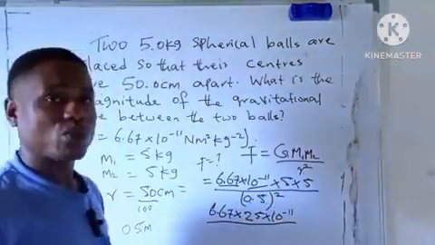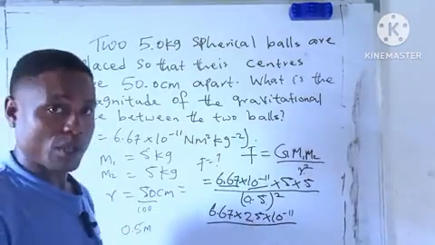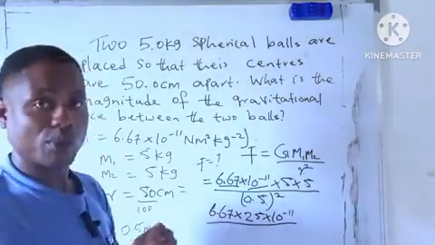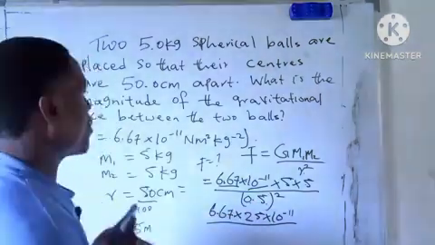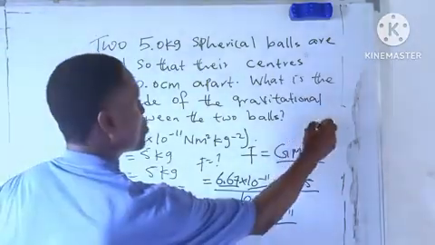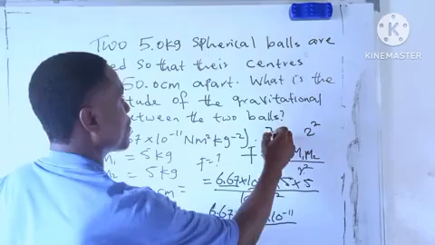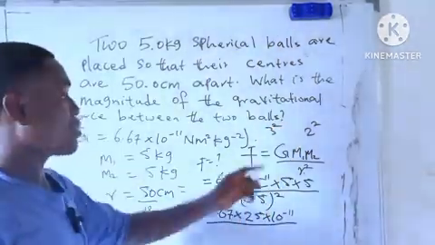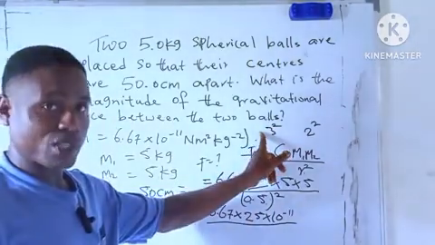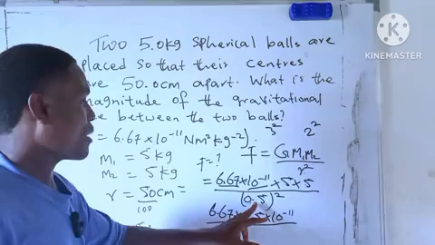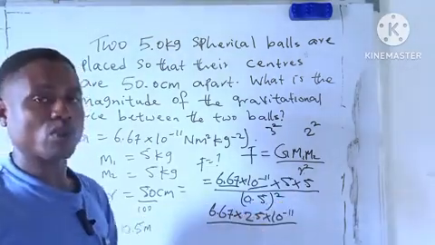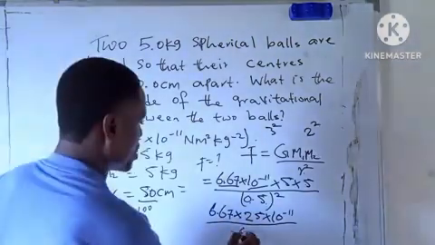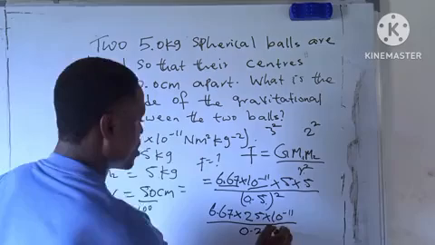Square means times itself, so 0.5 times 0.5. If you have 2 square, it means 2 times 2. If you have 3 square, it means 3 times 3, meaning double of this particular base number. So 0.5 square means 0.5 times 0.5, and it will give us 0.25.